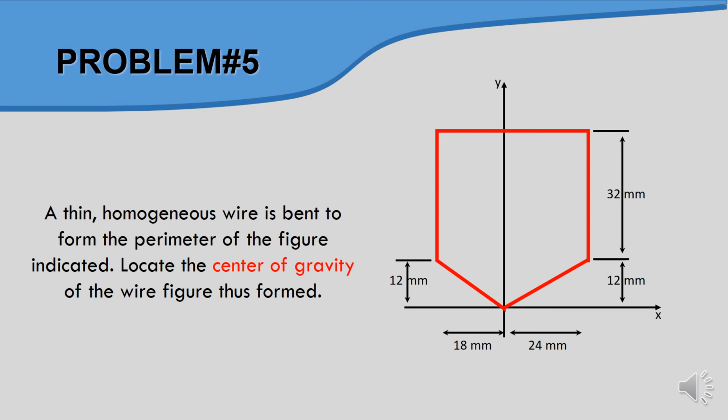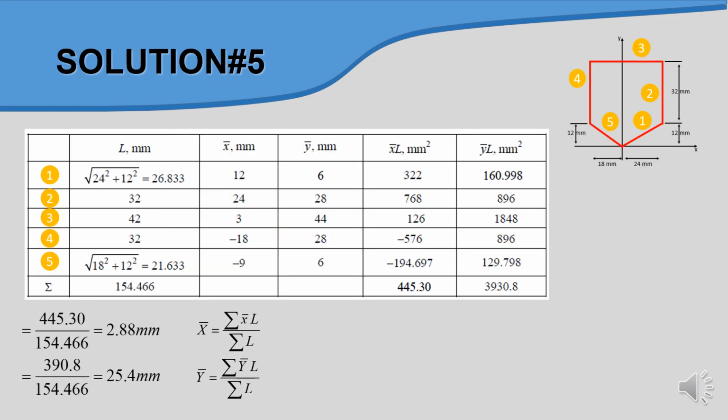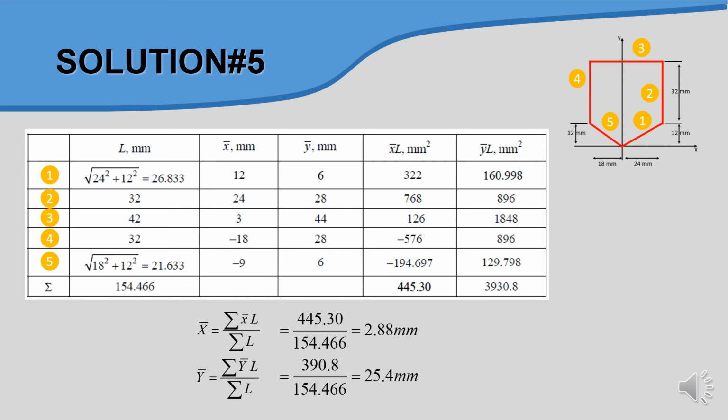Okay, so we need to use the same formula, but we just substitute the A value, which here is a wire, by using the L value. So basically, we have five wires attached all together to make this shape.